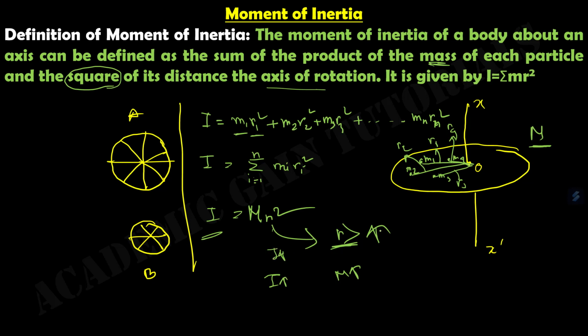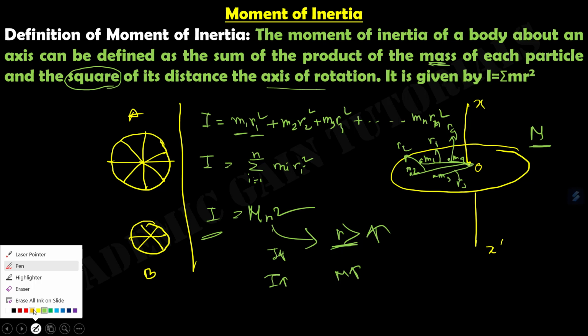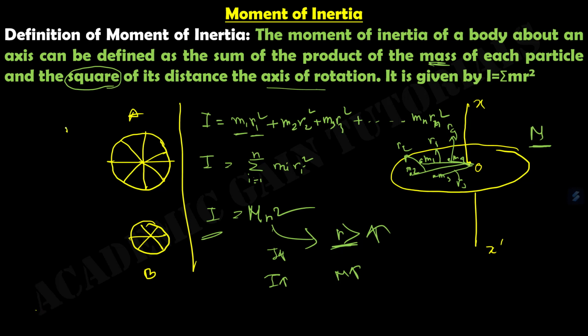According to this concept, as the radius of A is greater than the radius of B, the inertia I of A will be greater than the inertia I of B. We know inertia opposes the change of state. As wheel A has more inertia than wheel B, the A wheel will move slower than wheel B.